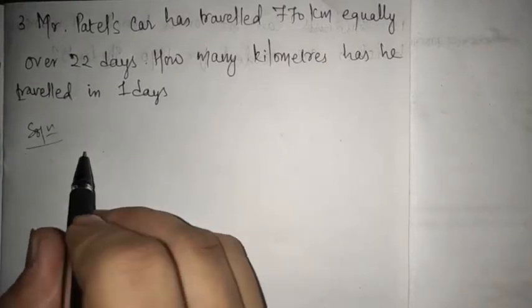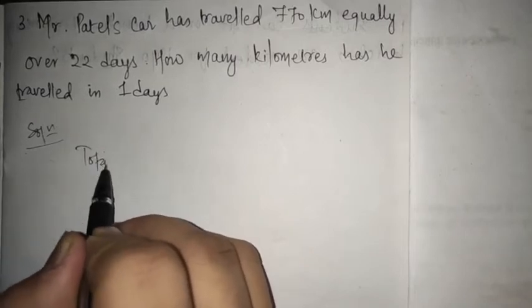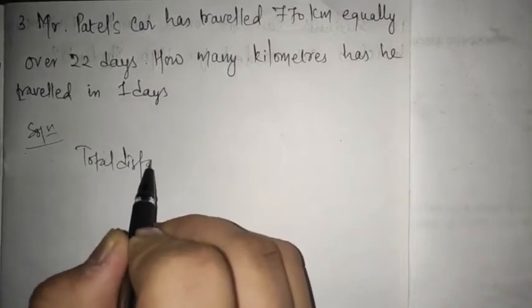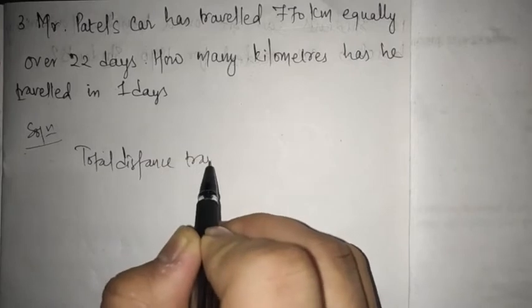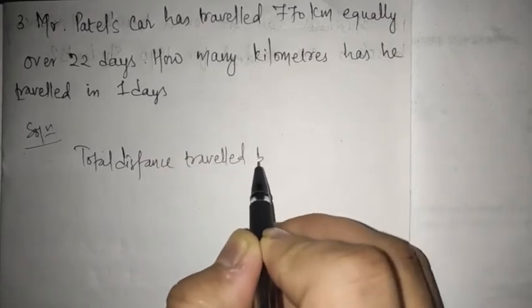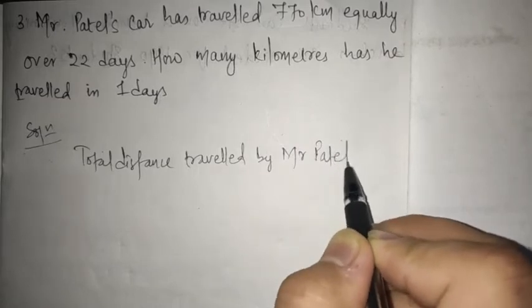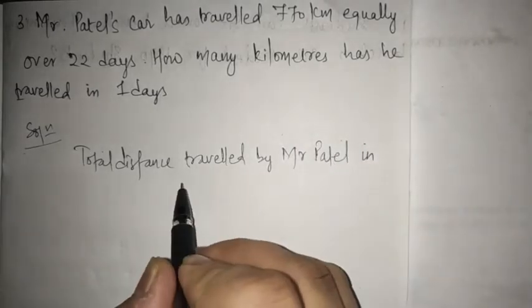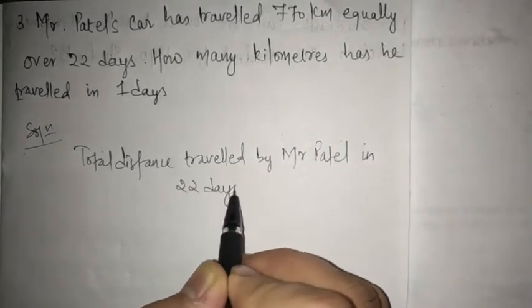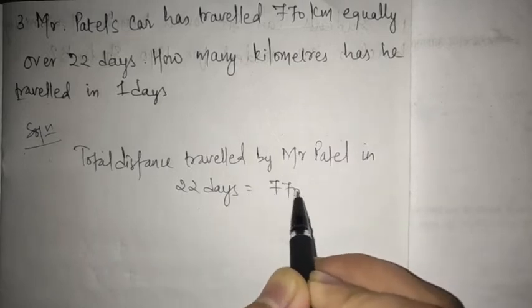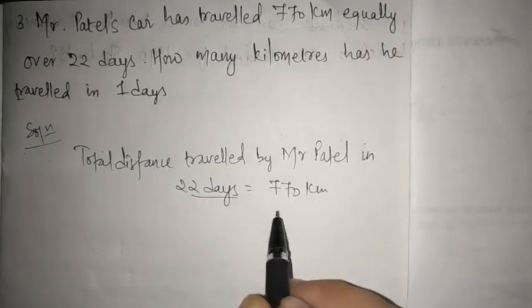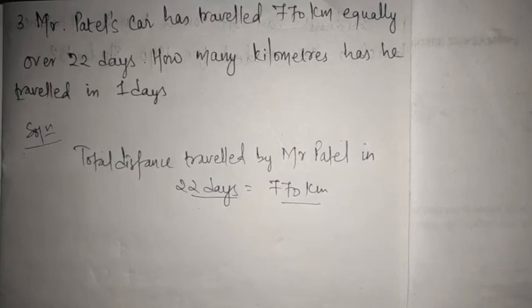So you'll write total distance traveled by Mr. Patel in 22 days is equal to 770 km. In 22 days he is covering this many kilometers, no? So this is the total distance covered by him in 22 days.